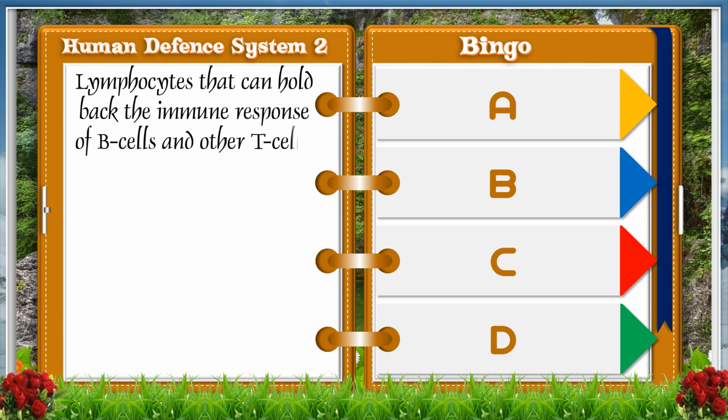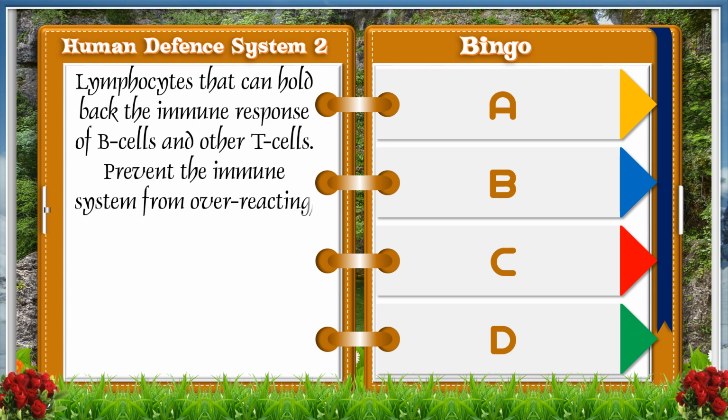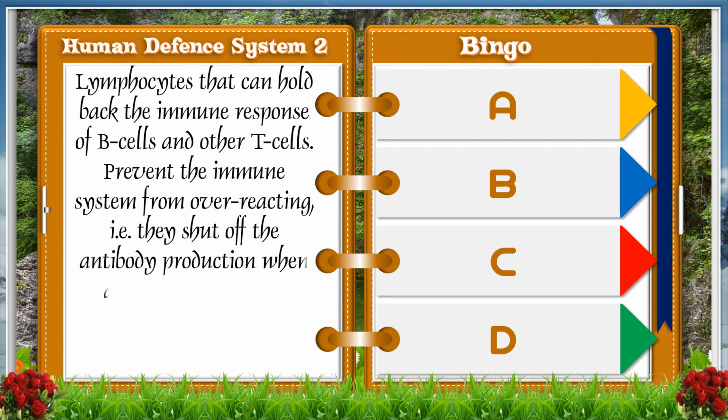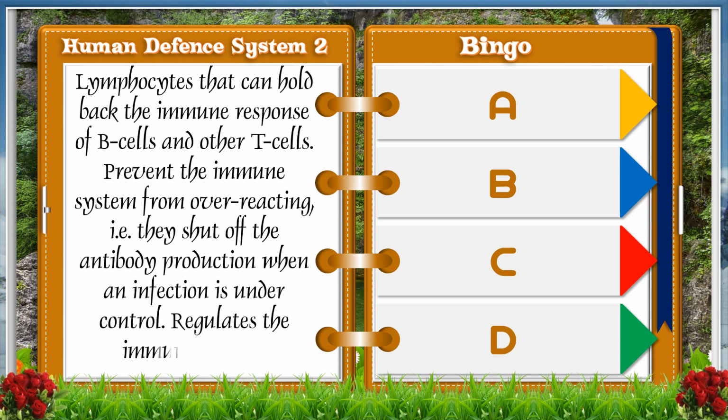Lymphocytes that can hold back the immune response of B cells and other T cells, prevent the immune system from overreacting, i.e., they shut off the antibody production when an infection is under control, regulates the immune system.